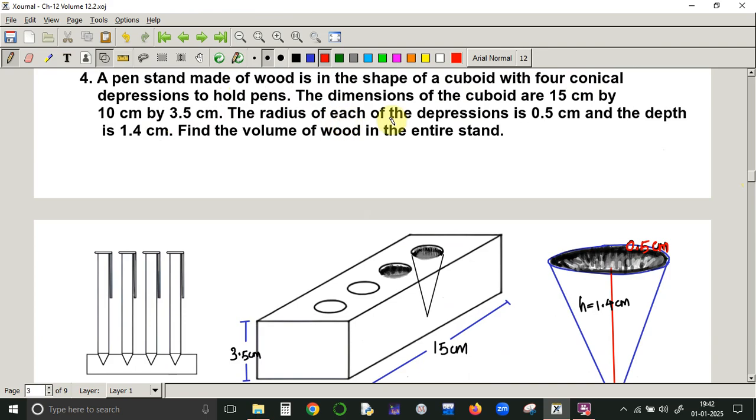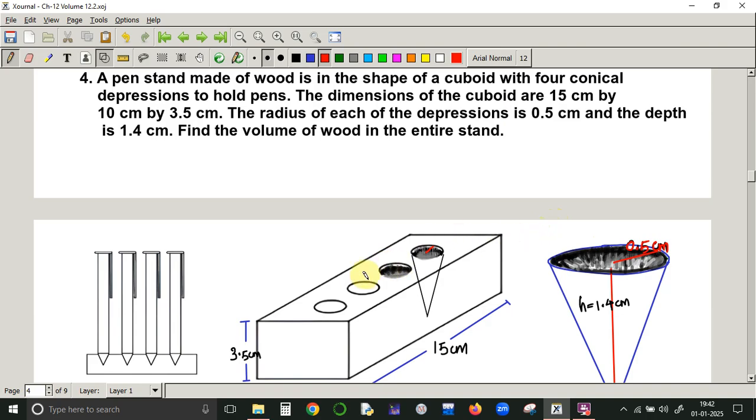The radius of each depression is 0.5 centimeter, so from here till here, this is 0.5. And the depth, the height of the conical depressions, is 1.4 centimeter, which is divisible by 7. Find the volume of wood remaining in the entire stand.